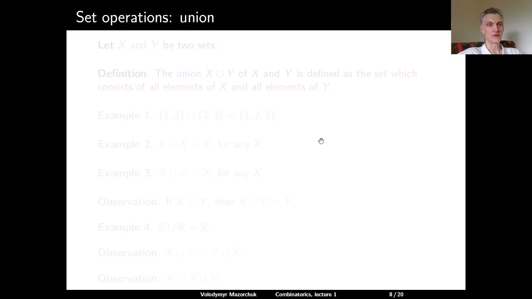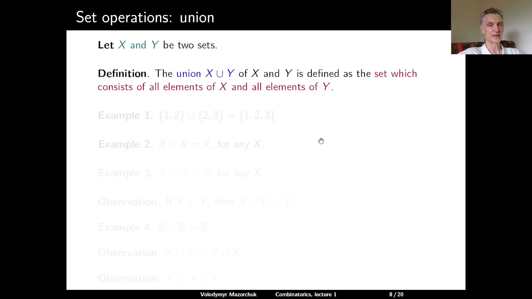Now let us talk about different set operations, and we start with the union. Let X and Y be two sets. The union of X and Y, denoted in this way, so X cup Y, is defined as a set which consists of all elements of X and all elements of Y. For example, the union of the sets {1, 2} and {2, 3} is the set {1, 2, 3}.